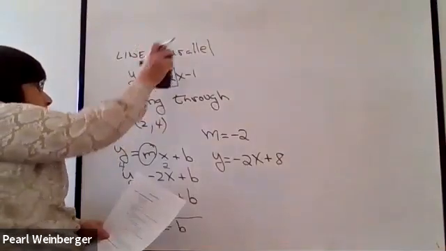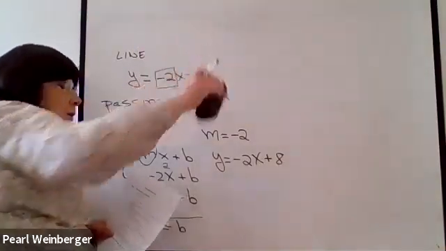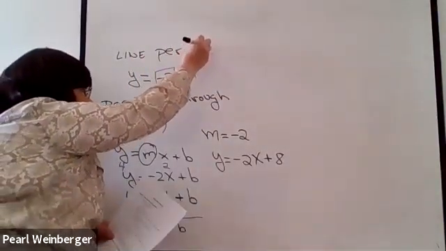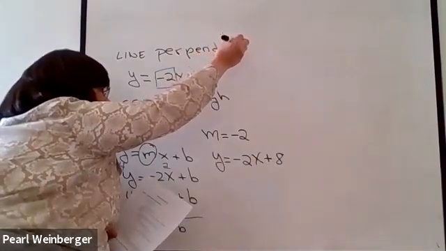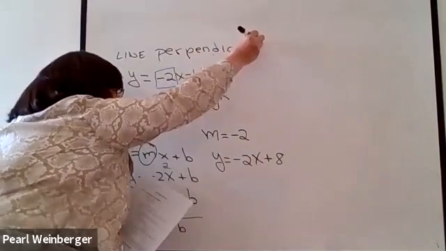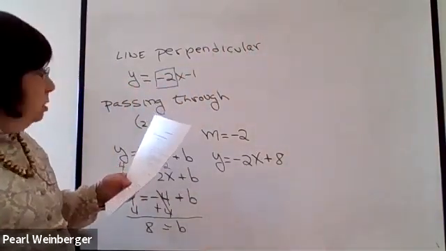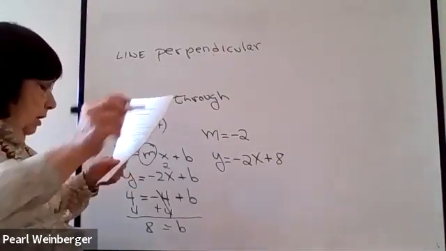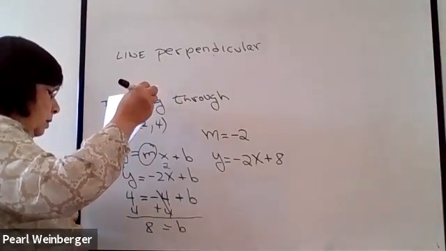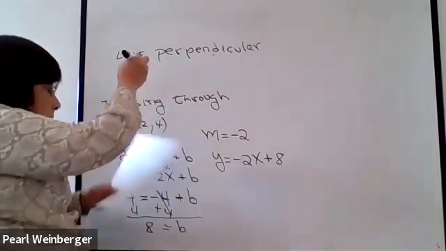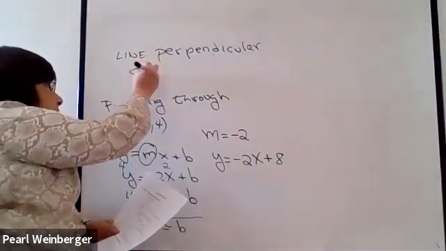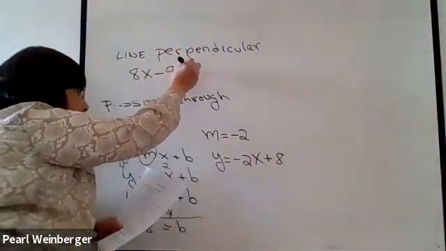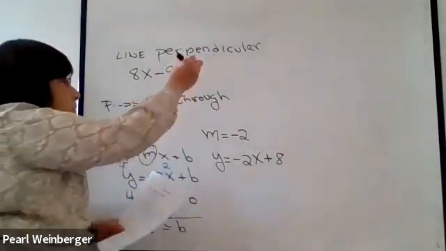We want a line that's going to be perpendicular to this line, 8x minus 9y equals 34.